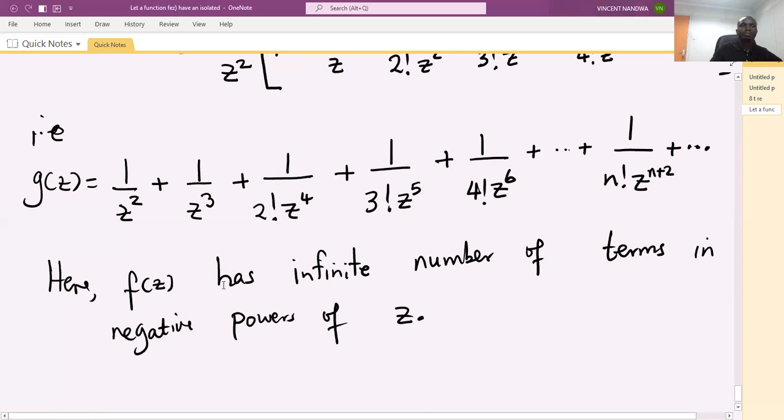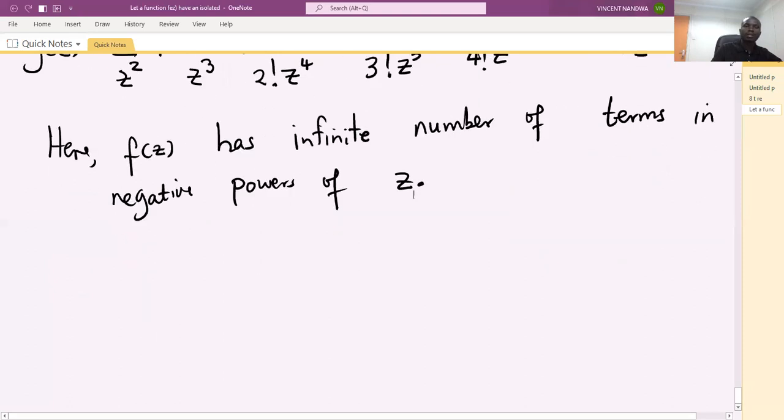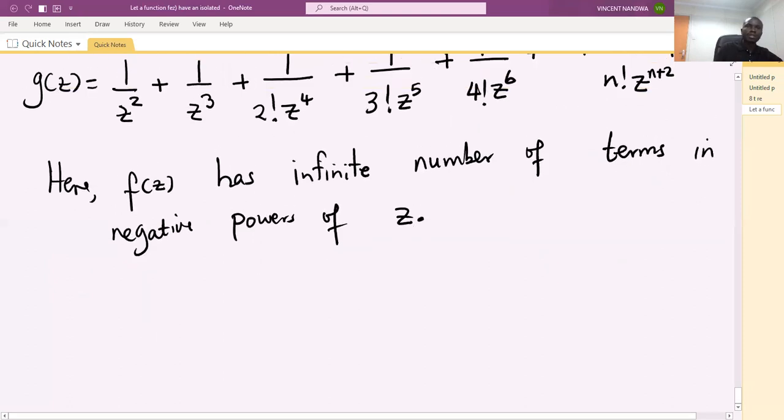So this is the same as what we discussed in case 2. This limit doesn't exist as z approaches 0.